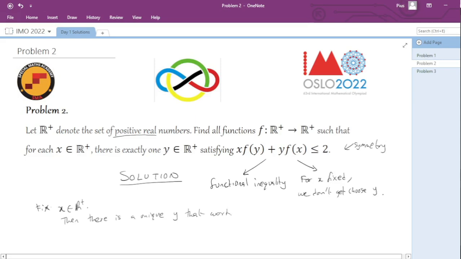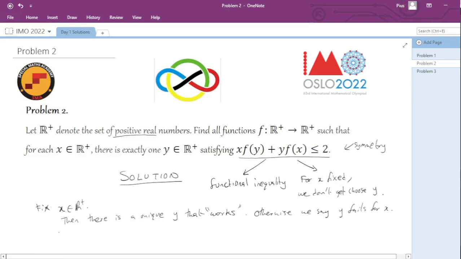So when we say y works for x, what we mean is that y satisfies this equation once we have that given x. Otherwise we can say that it doesn't work, or that y fails for that particular x.